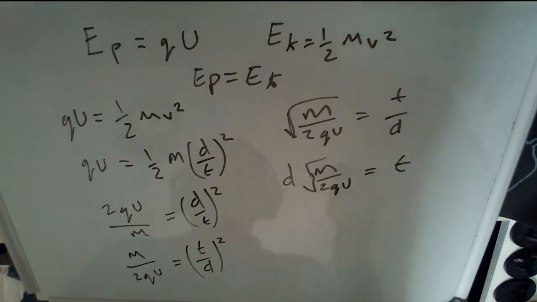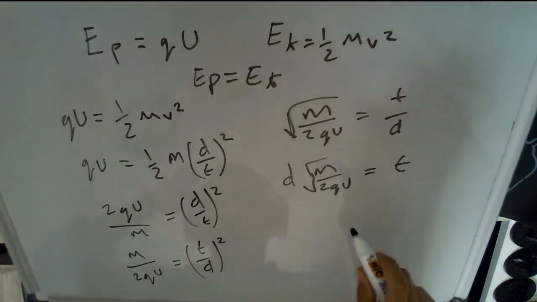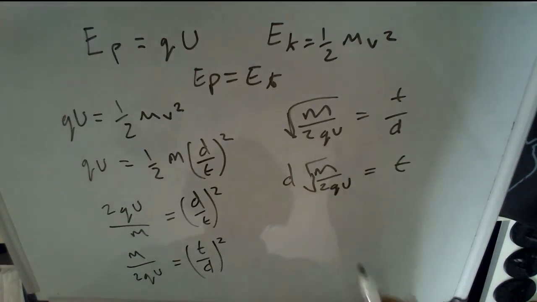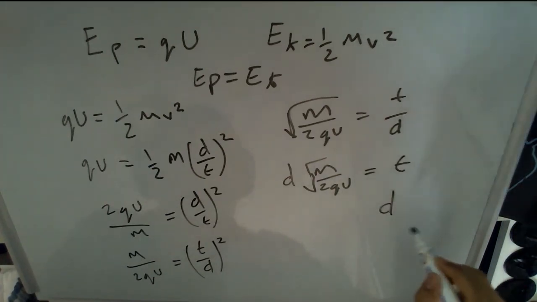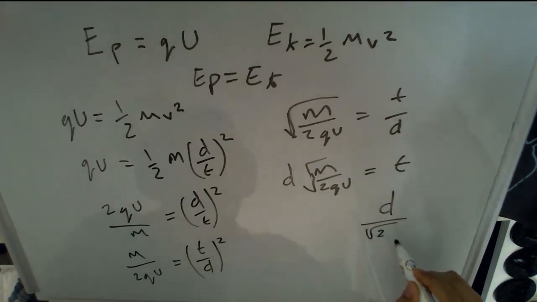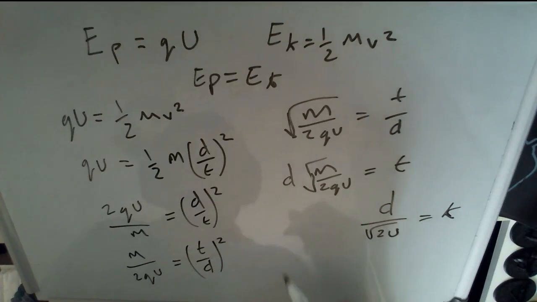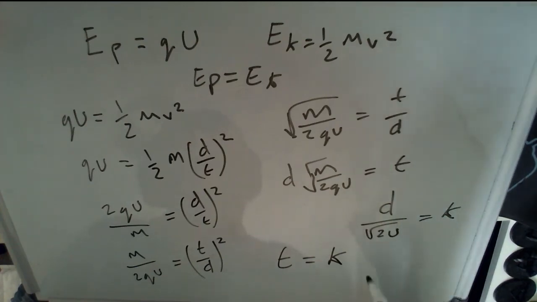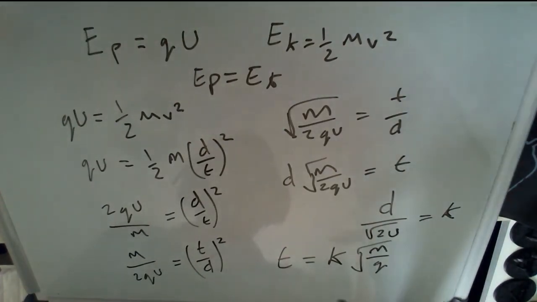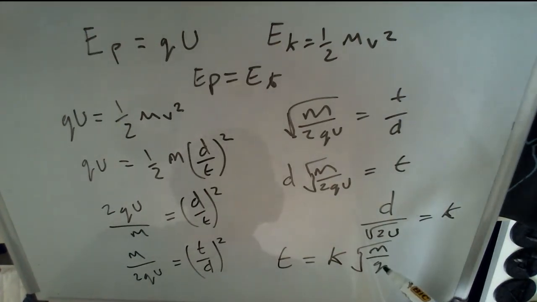Now obviously the distance is not going to change, the potential difference isn't going to change, so d and V and obviously the 2 we can take out because they're constant, so we can say that d over root 2V is equal to constant k, and therefore we get the fact that time is equal to k root m over q. That should be root everything. So the time is equal to a constant multiplied by the root of mass over charge.